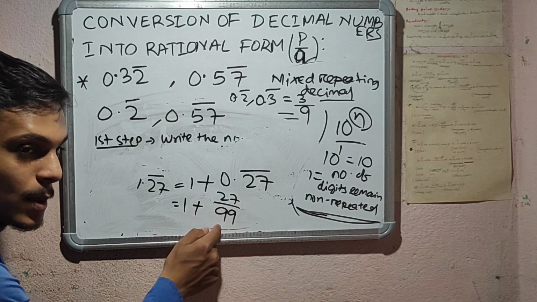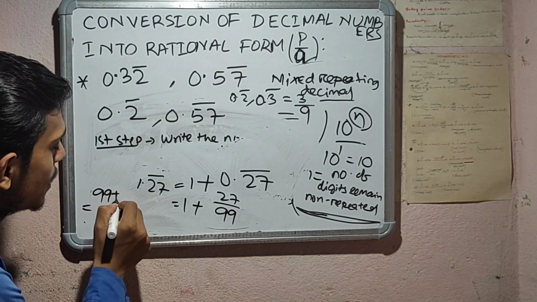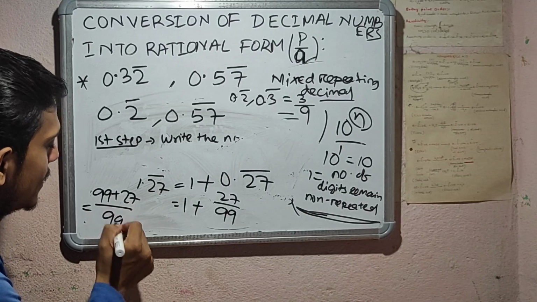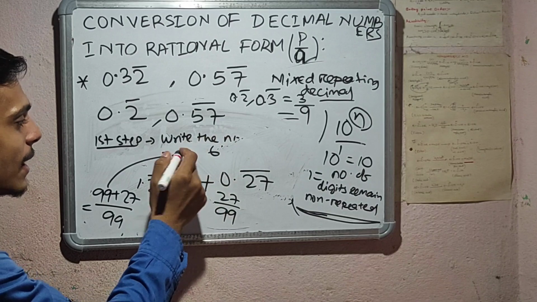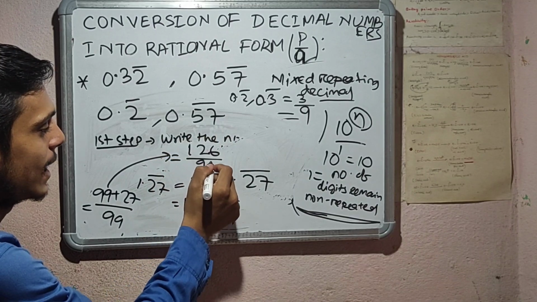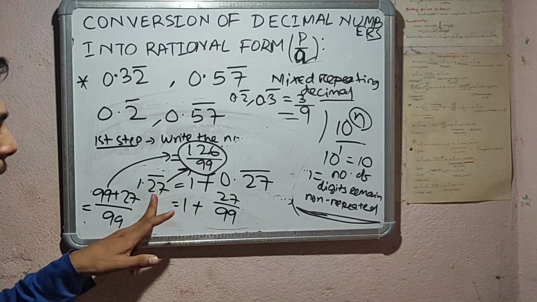So 1 plus 27 by 99 is how much? That is 99 plus 27 by 99, which is 126 by 99. This is the value of 1.27 bar. Clear? You can also add directly: 27 plus 99 by 99.